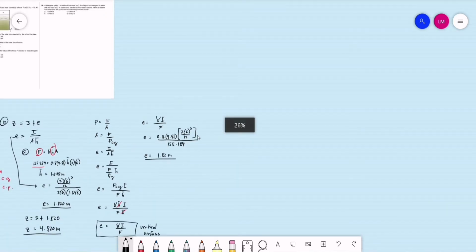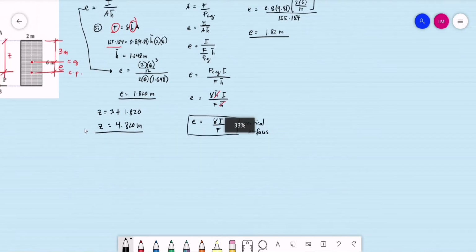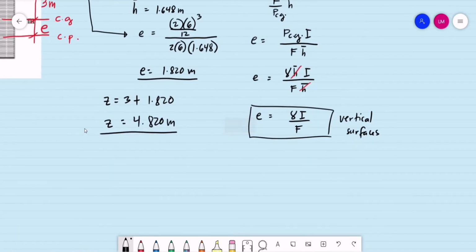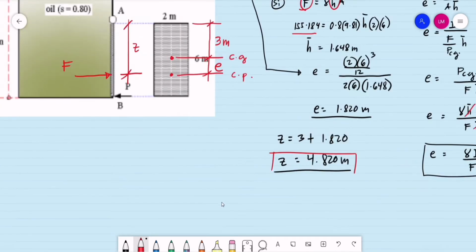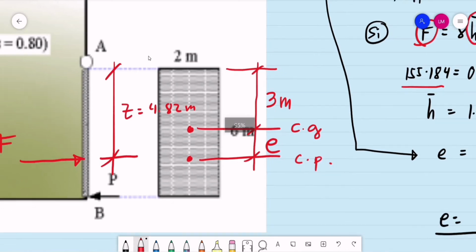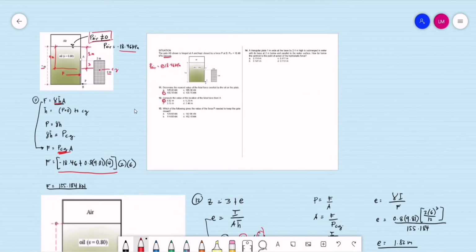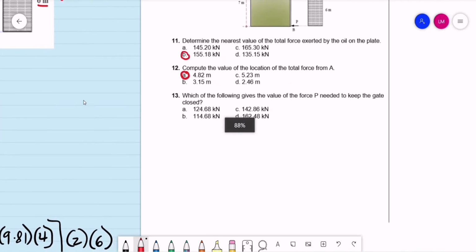Pero yung pinakasagot natin dito, dagdagan lang natin ng 3. Okay, that will be the distance of the force from point A, 4.82. So this is equal to 4.82 meters. Okay, dun sa question number 12. Then proceed tayo sa question number 13.